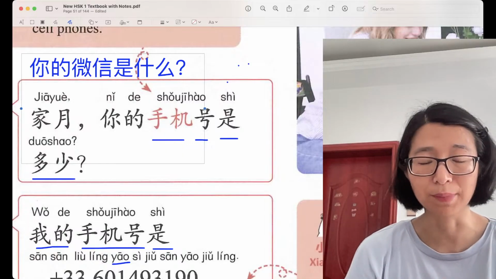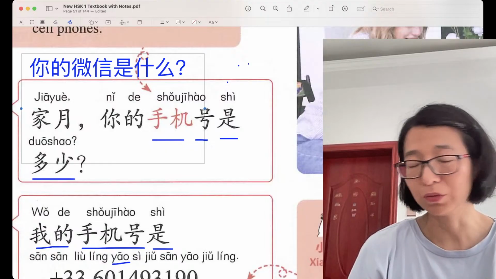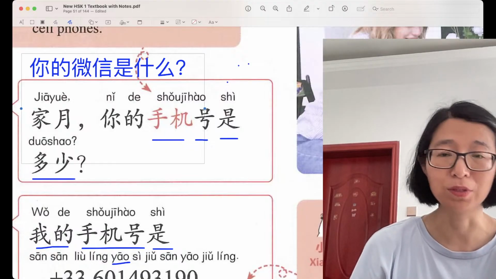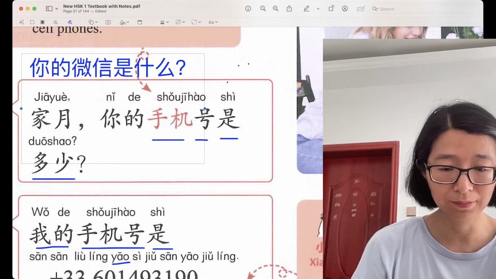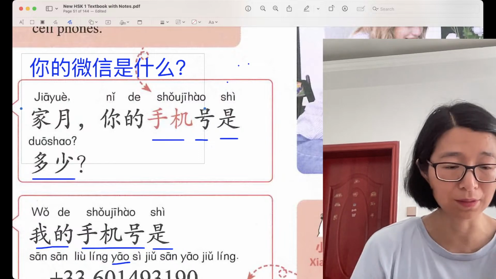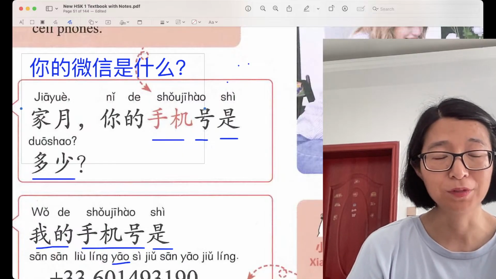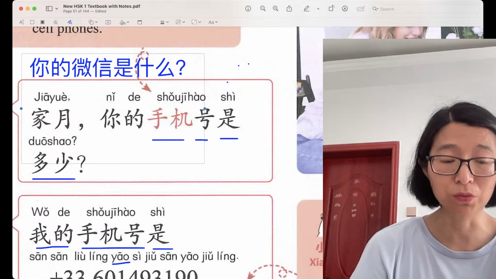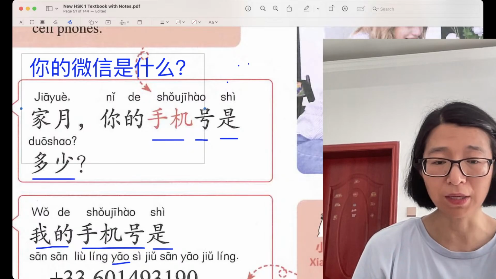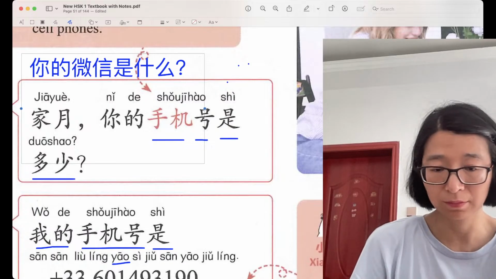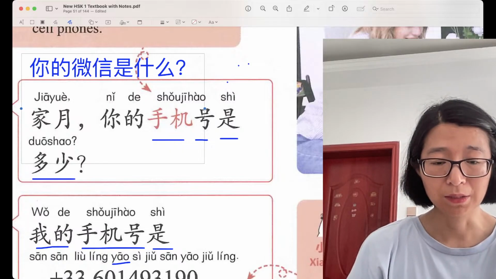We send messages, we do video calls, we pay for everything, we book taxis, hotels, or buy anything. So that is kind of an important thing. You should know how to ask how to communicate with a person, and we don't even ask for the business card, even in a very formal business scenario.